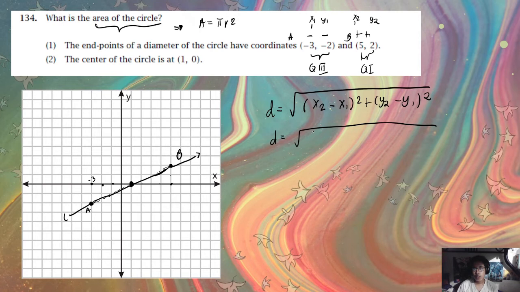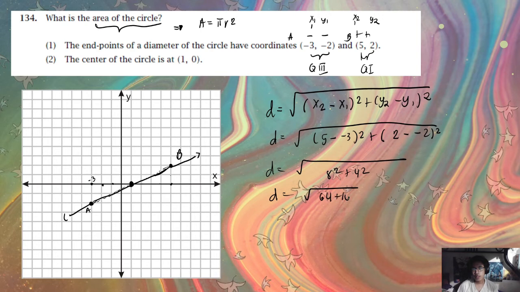This is going to give us 5 minus -3 squared plus y sub 2, which is 2, minus -2 squared. So d is equal to the square root of 8 squared plus 4 squared. That is 64 plus 16, and therefore d is just equal to the square root of 80.